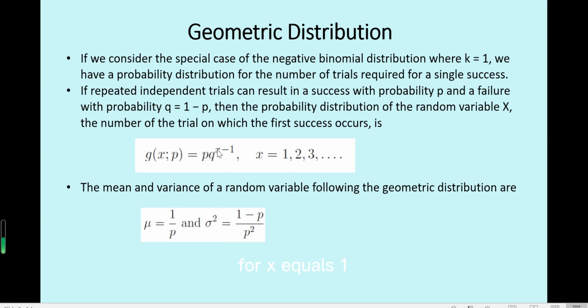For x equals 1, the Q part is to the power 0, so it equals the probability P. But for x equals 2, it is P times Q, and because Q is less than 1, when x is 2 this will surely be less than for x equals 1, right? And so on. So when x increases, this probability decreases.